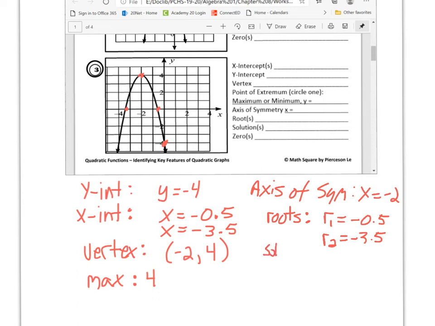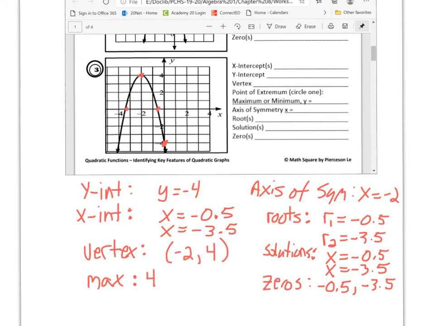The solutions are the exact same thing, except we will write them as x equals negative 0.5 and x equals negative 3.5. And then finally our zeros. Well, our zeros are essentially the same thing. They are going to be negative 0.5 and negative 3.5, and that's how we would write them out.